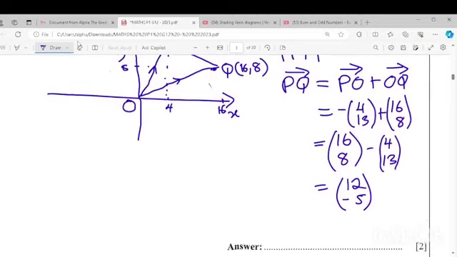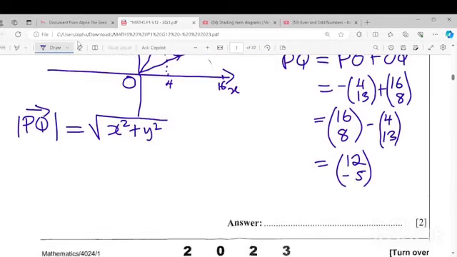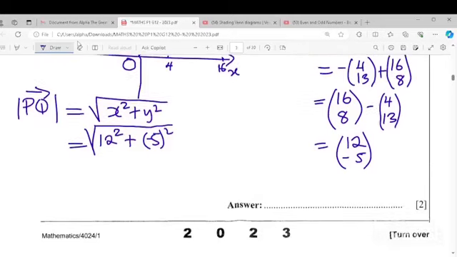But now they want you to find the magnitude of the vector PQ. How do you find the magnitude? The magnitude of the vector is found by squaring the x component and the y component, then you find the square root. So 12 is the x, you square it, plus negative 5 is the y, you square it, and you find the square root of this.